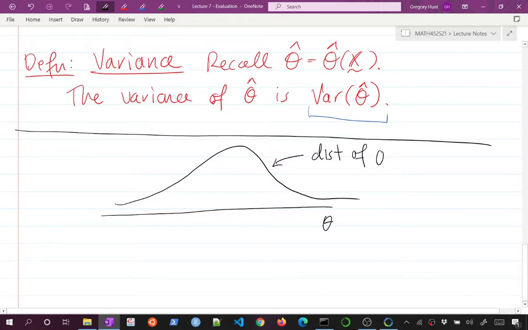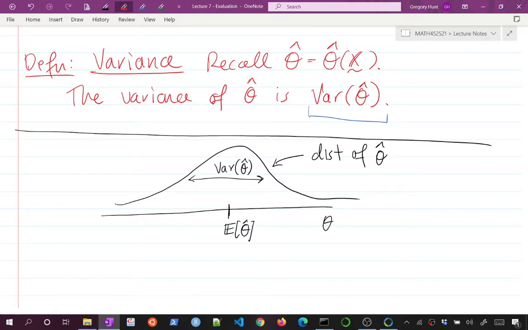This is my distribution of theta hat, and say my expected value of theta hat is maybe there, and the variance is characterized by the width of this. It doesn't actually have to be a normal distribution, but for the sake of this discussion you can think of it like this.